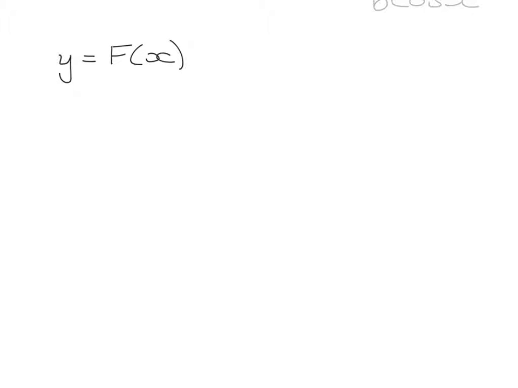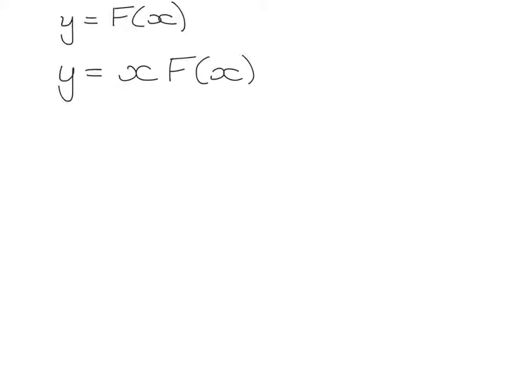In this case, we would try y equals x times the function f of x. So, if we are dealing with a non-homogeneous second order ODE, we are now able to solve it. So let's try an example.